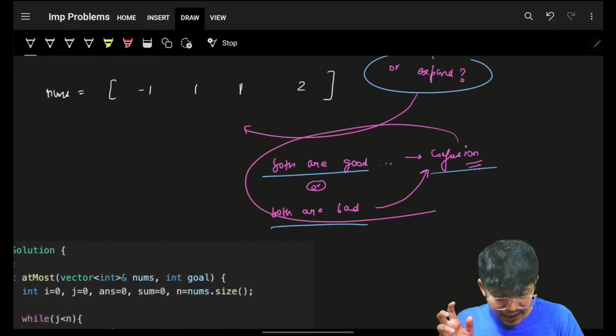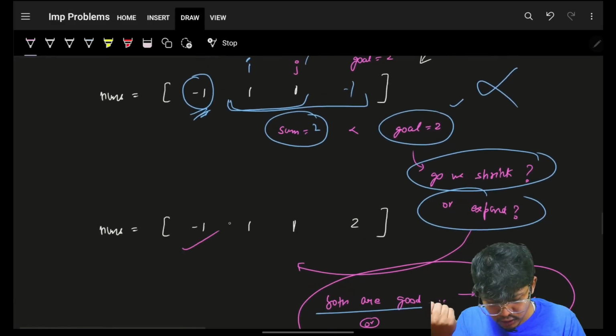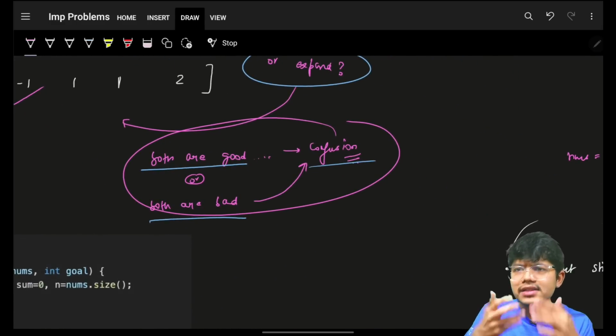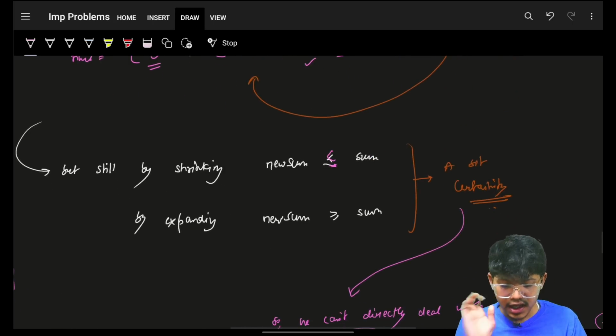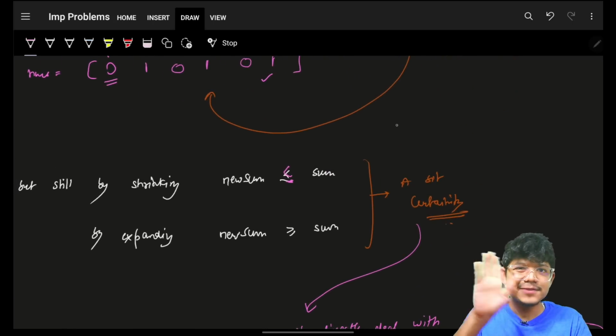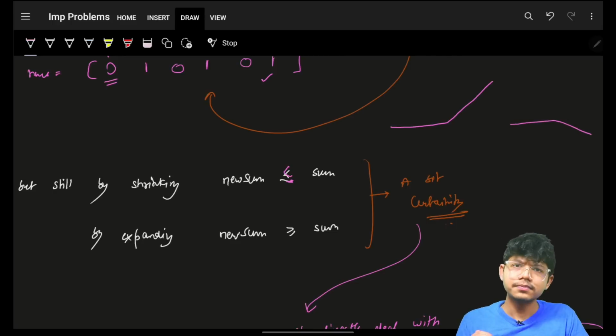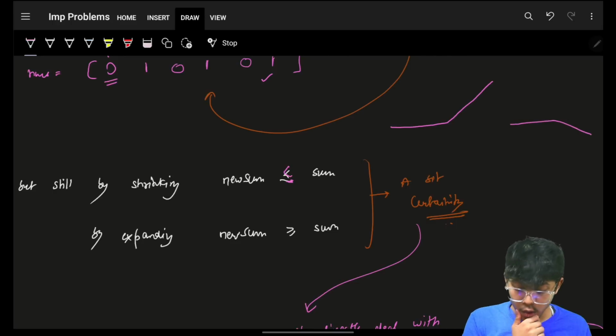Because in the earlier case, when we had negative numbers also, expanding or compressing, anything whatsoever you do, you will end up having something different. But here in this case, it is either expanding or compressing, which means either my array is going up, then my sum is this, or going down. That's how things are working. Okay, great.